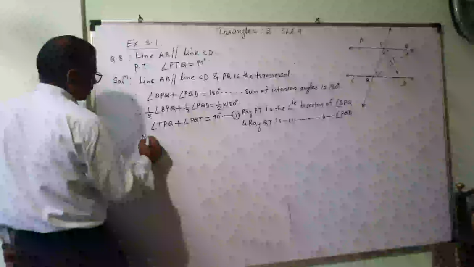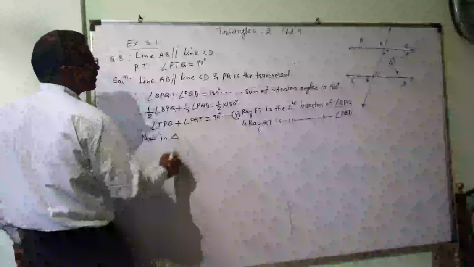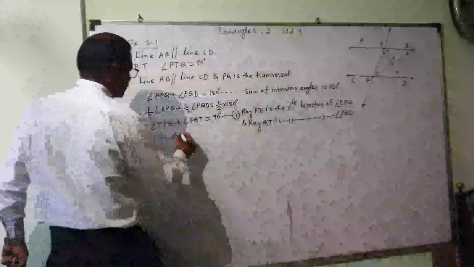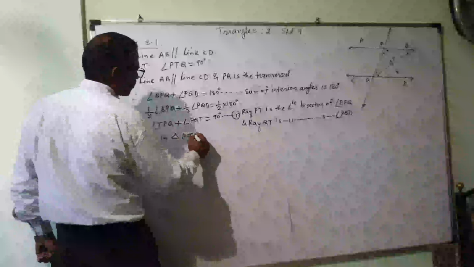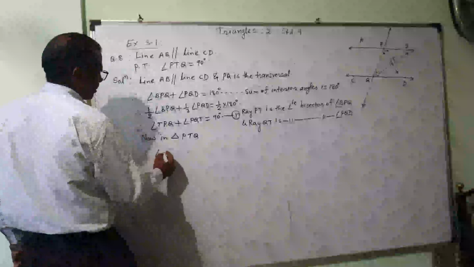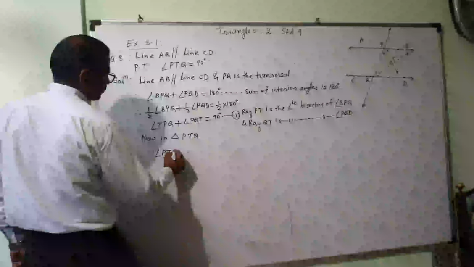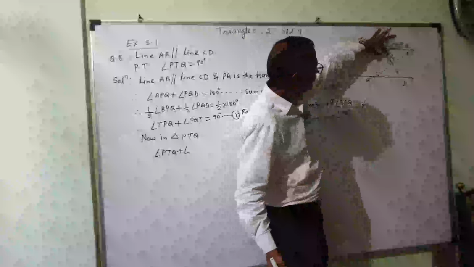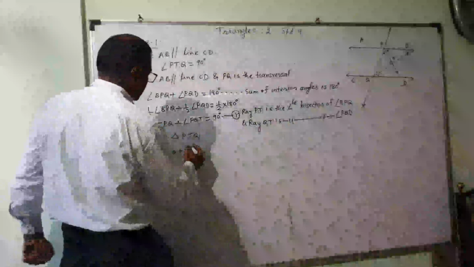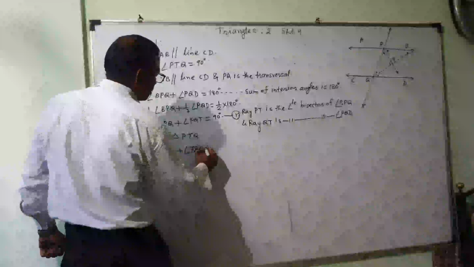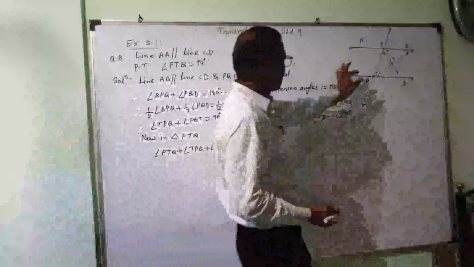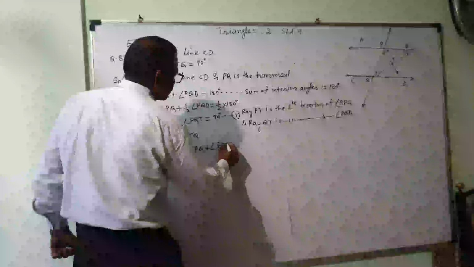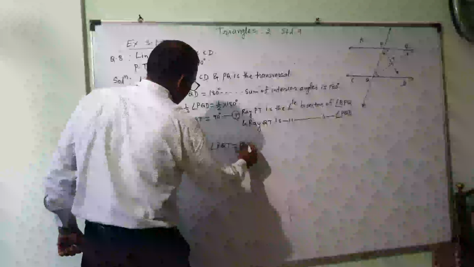Now in triangle, which is the triangle? PTQ. Angle PTQ plus angle TPQ plus angle PQT is equal to how much? 180 degree.